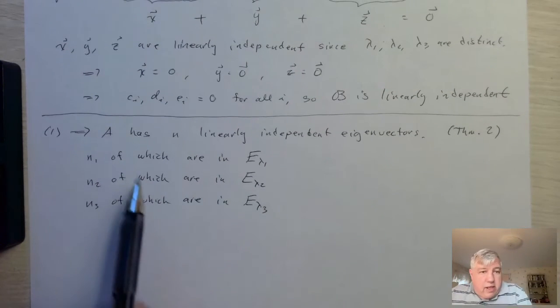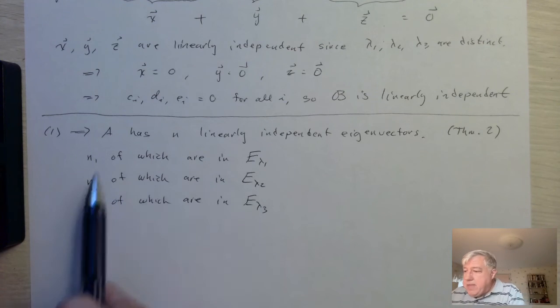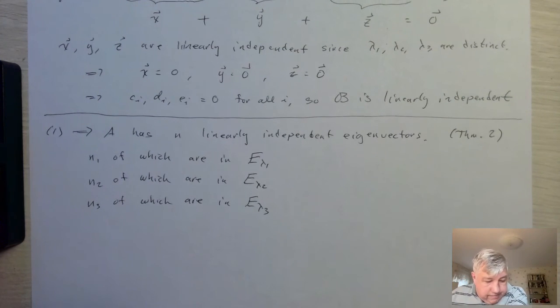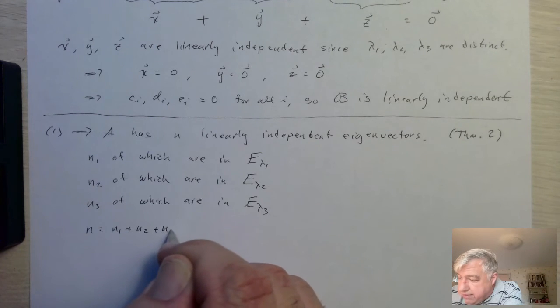Here n1, n2, and n3 are just numbers, but they have to add up to n, so n is equal to n1 plus n2 plus n3.